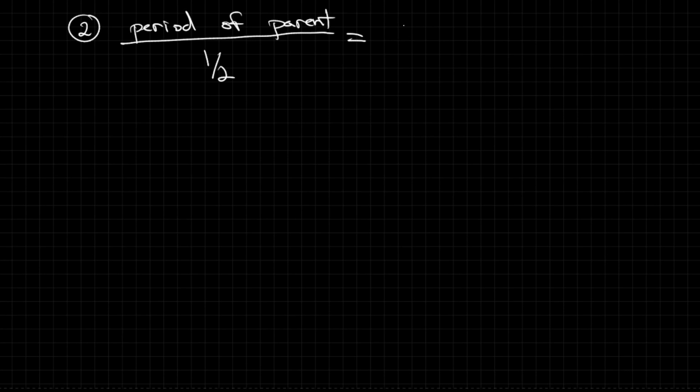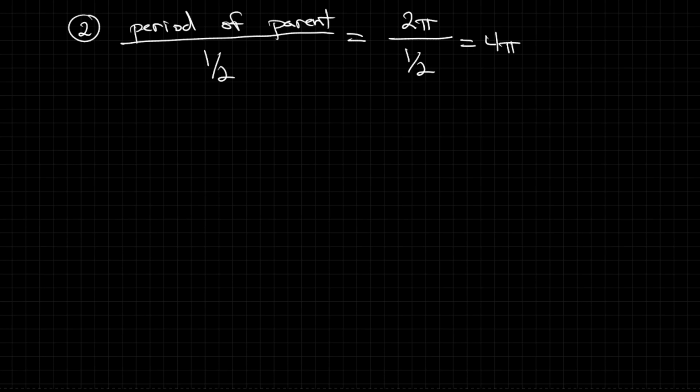So that's why I put the period of the parent, so that you can remember this may change based on what trigonometric function you're working on. However, in this section, it will not change. Only in later sections will it change. And the period of the parent is 2 pi, and we're going to divide by 1/2. And that gives us a period of 4 pi.